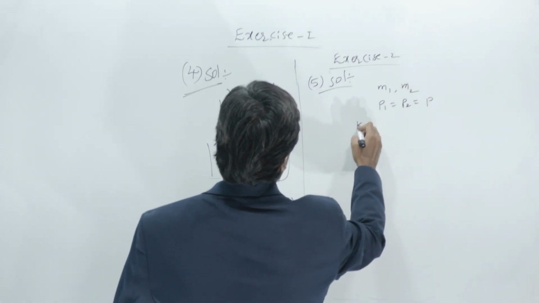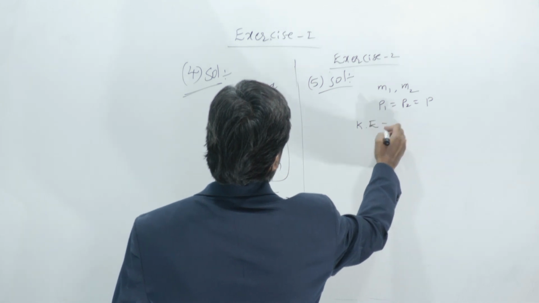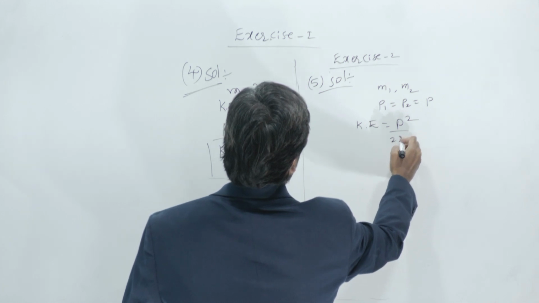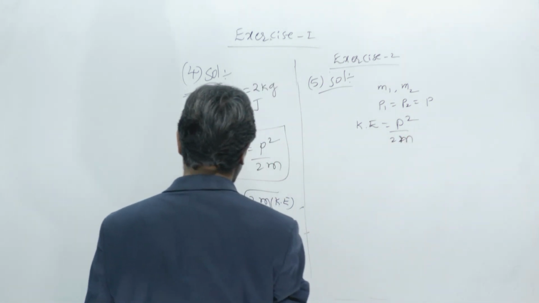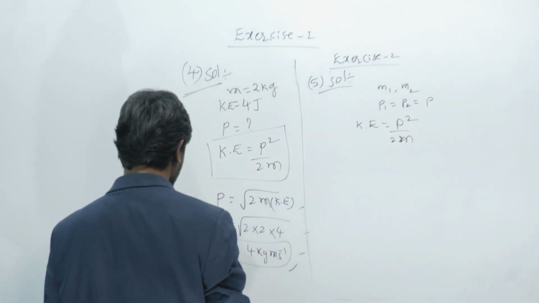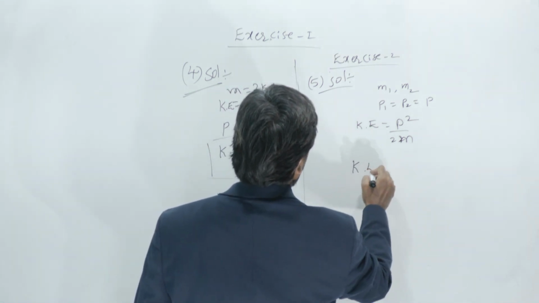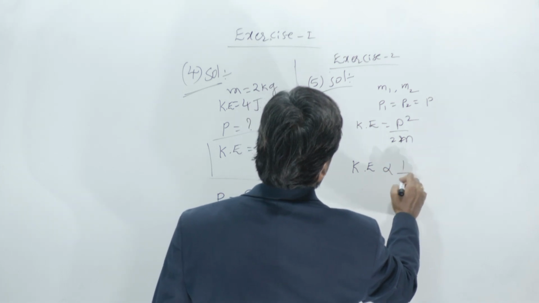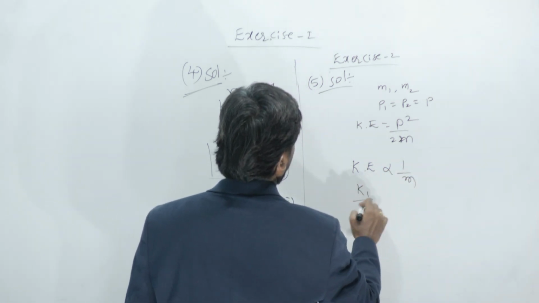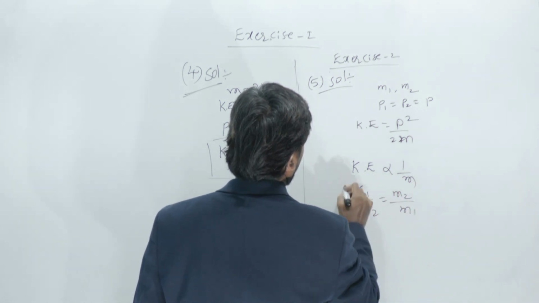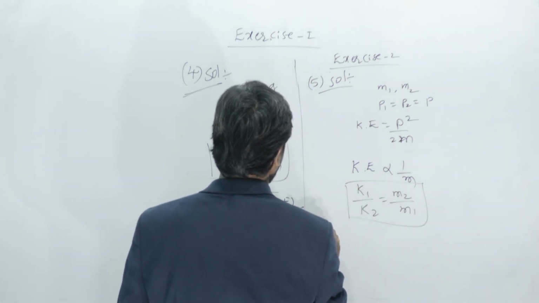The kinetic energy formula is p square by 2m. So kinetic energy is inversely proportional to mass, and K1 by K2 can be written as m2 by m1. That is the answer.